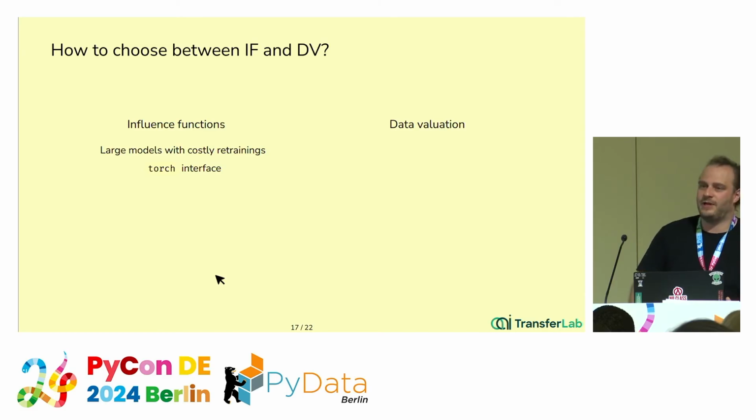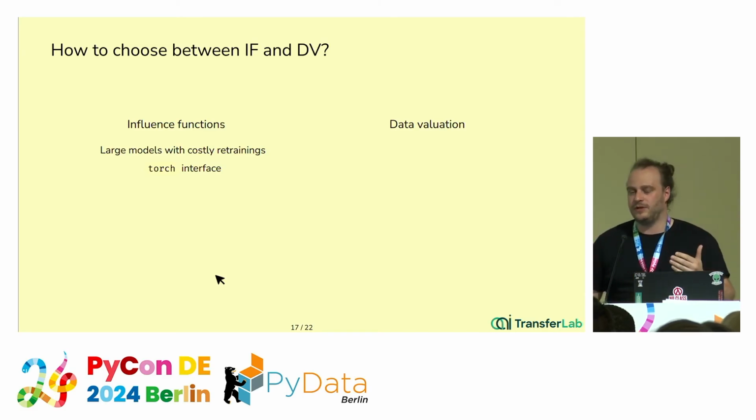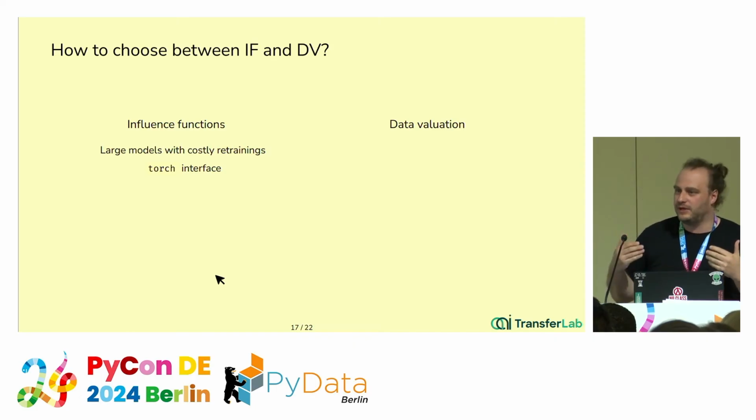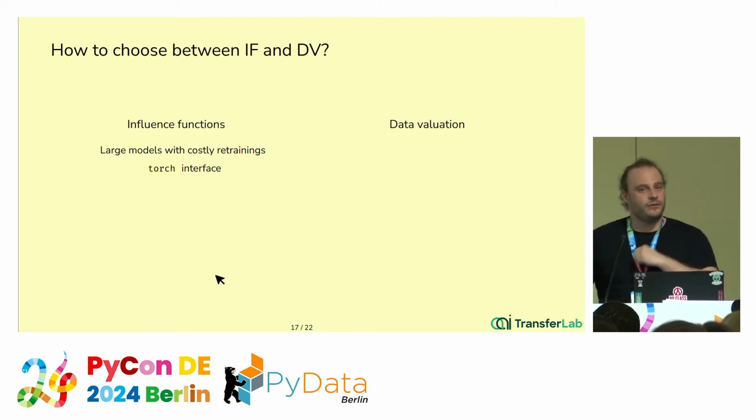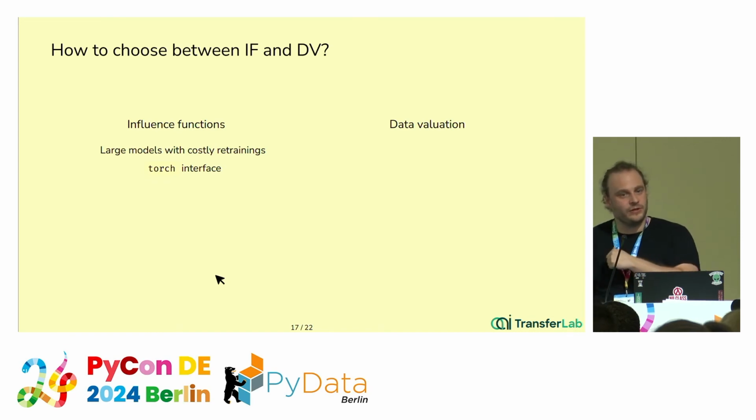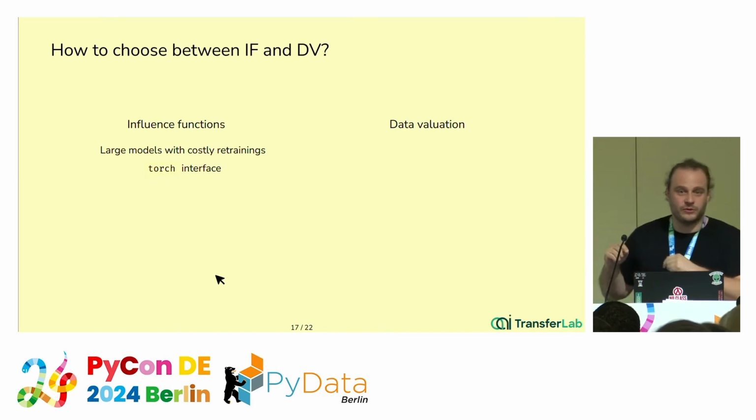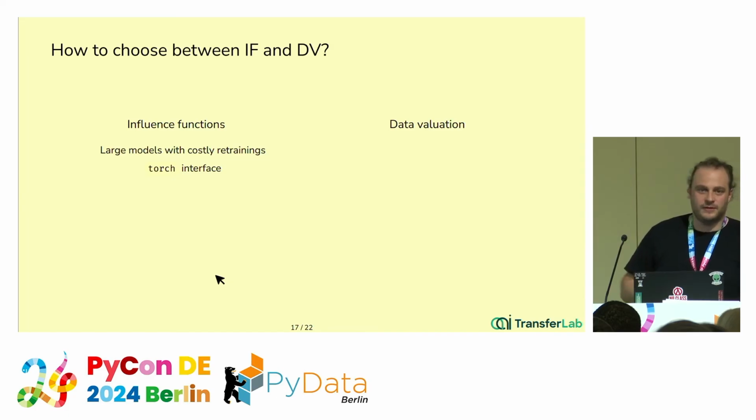If you have large models, they have to be smooth. All this is based on autograd differentiation, which is a prerequisite for the influence functions, which you might not have for data valuation. You've seen there was a gradient boosting regressor, which would not be possible for this influence function scheme.